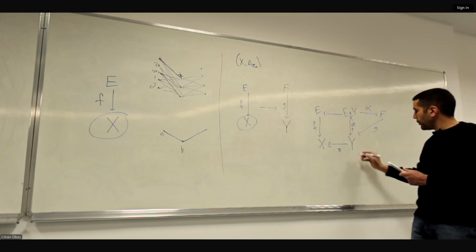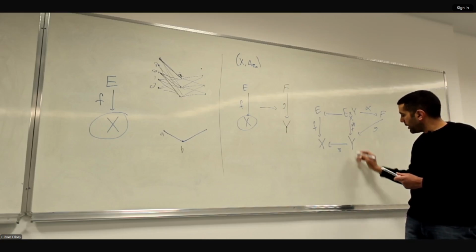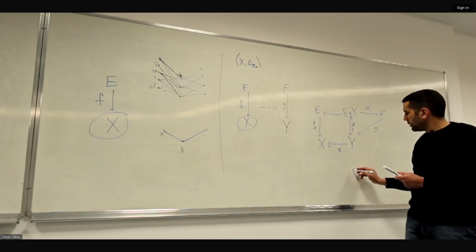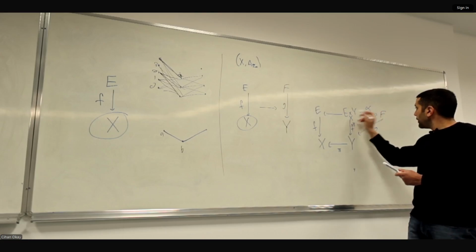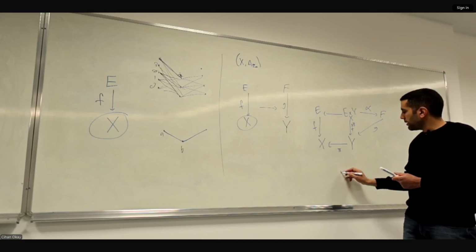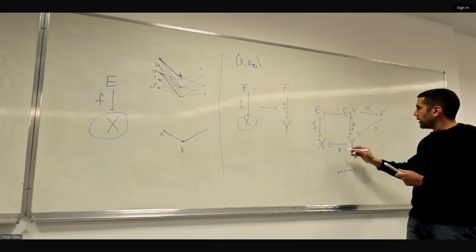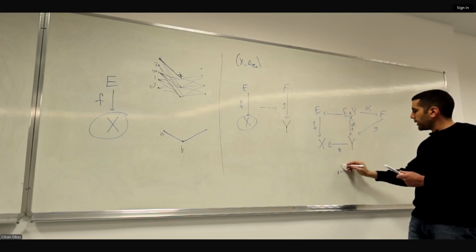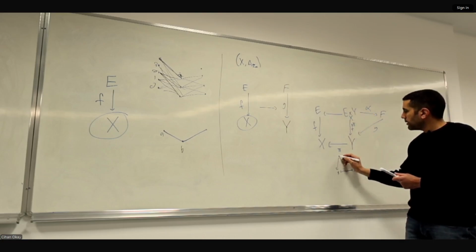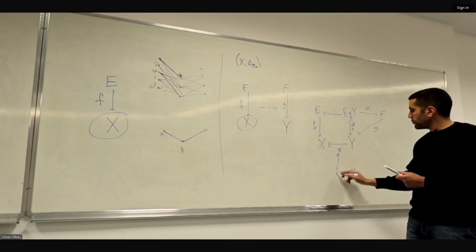What it means is, we have something here, y, and this alpha is going to something here, x, but this alpha is from the pullback, so I need something here, e, let's say, that is going to the same place.